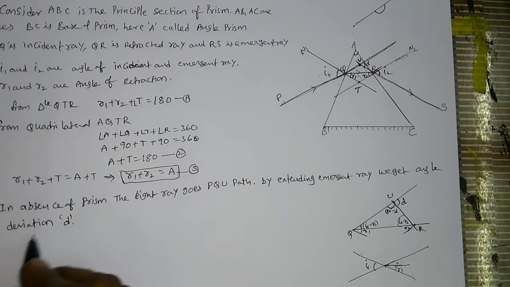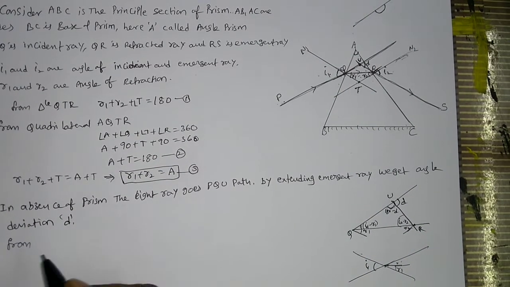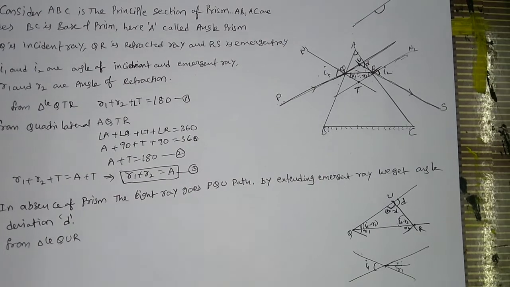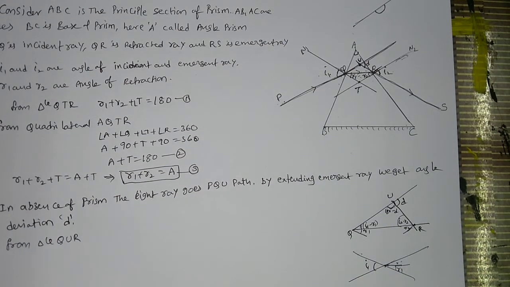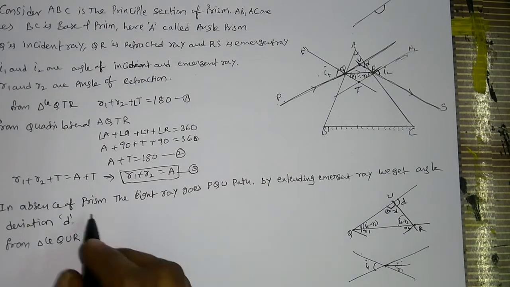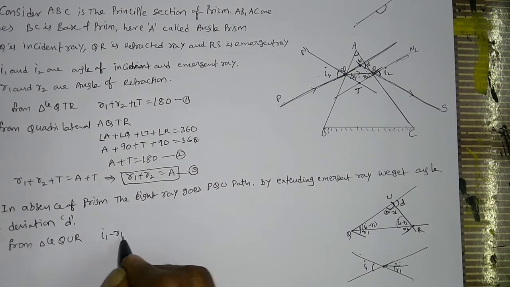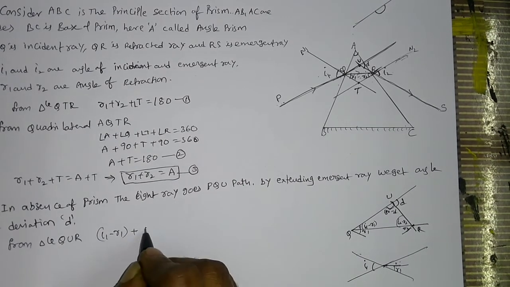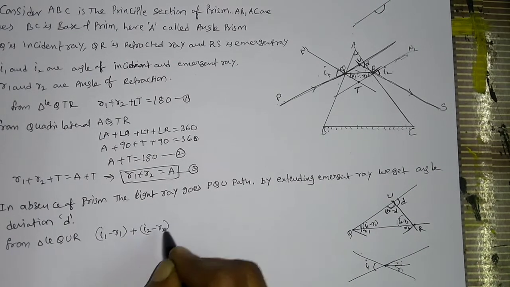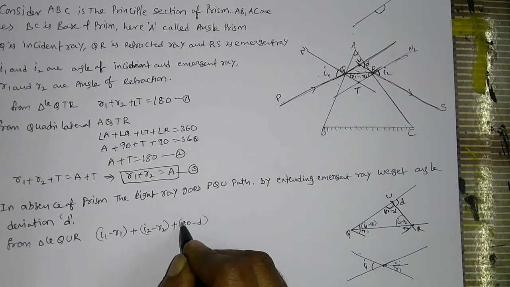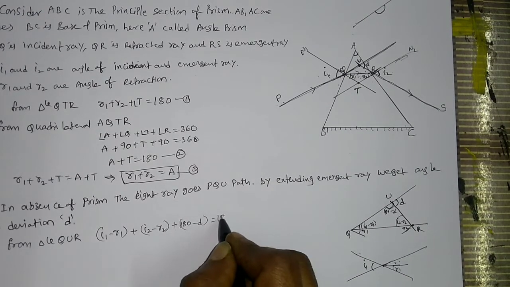Now from the triangle QUR, the sum of the angles in a triangle is equal to 180 degrees, as usual. That means the angles are I1 minus R1 plus I2 minus R2 plus 180 minus D is equal to 180 degrees.